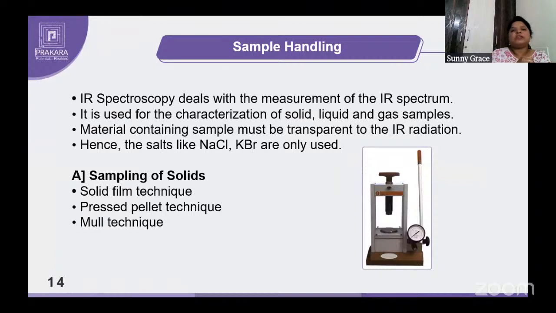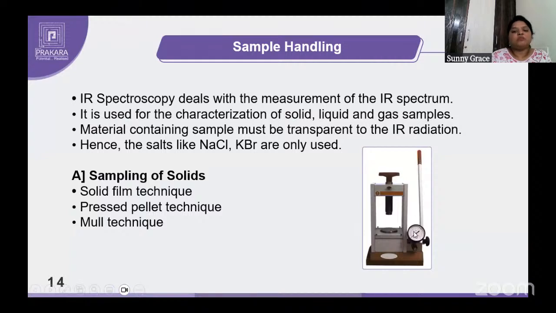You have to nicely grind it in the mortar and pestle properly, and then take the disc and fill the powder into that disc. After filling the powder you have to place it here. Then slowly you press it down. With the help of this hand pump, you adjust the pressure.